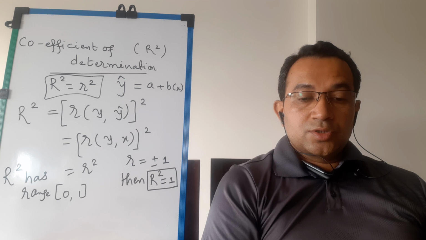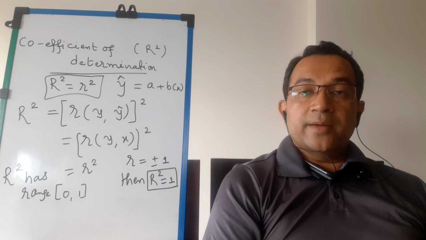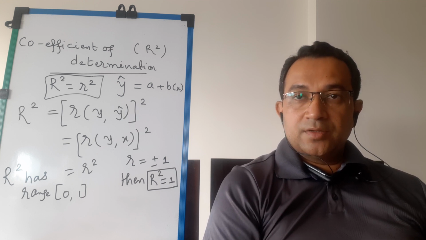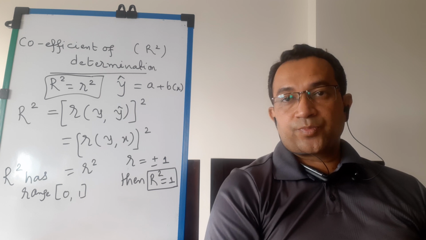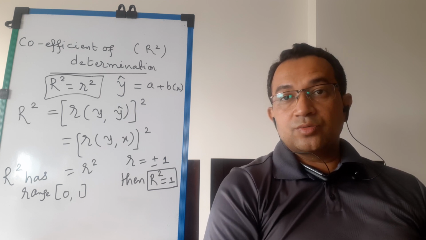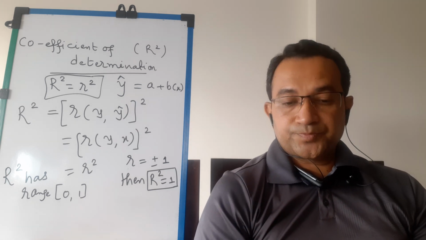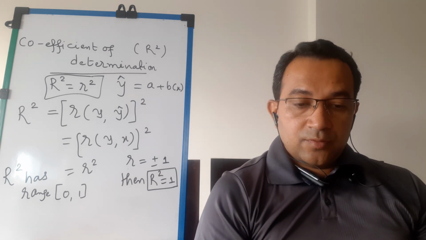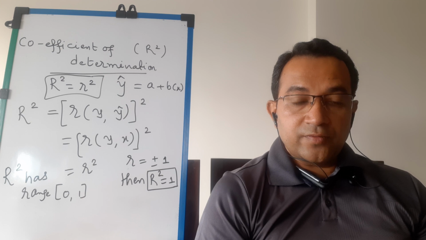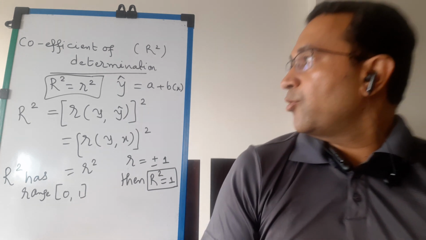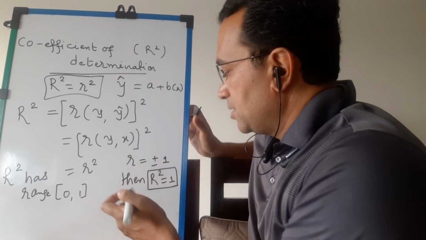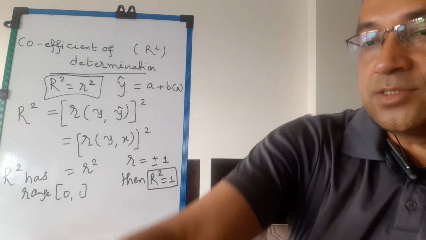Now, students, based on the value of capital R square, we have one MCQ, and that MCQ is like this: if R is equal to 0.9, then what is the value of coefficient of determination? Let me erase this and write.